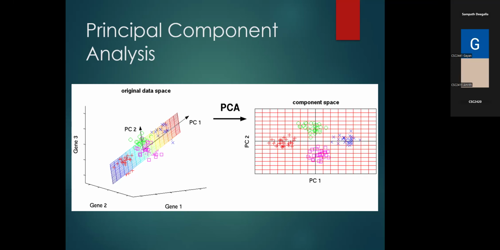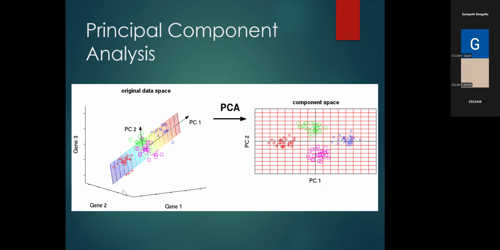Now, what principal component analysis does is it transforms your actual data into a new set of features. You can say that it's a transformed space.